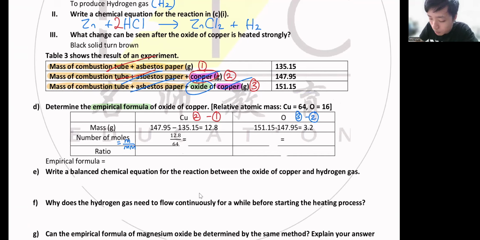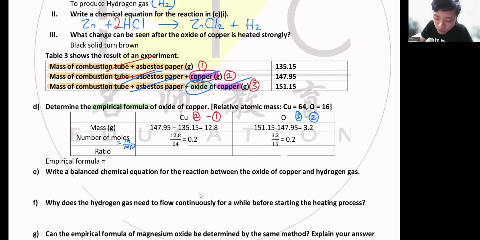The other one is 3.2 divided by 16. Yeah, 0.2. So very simple.